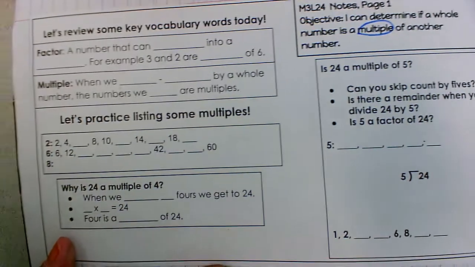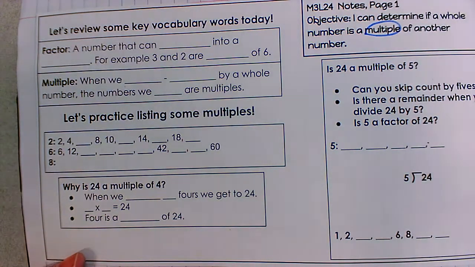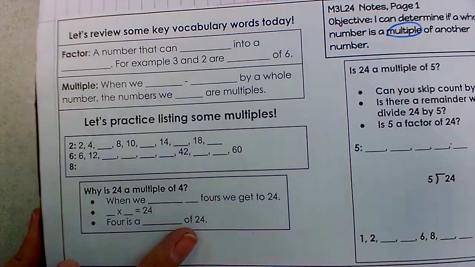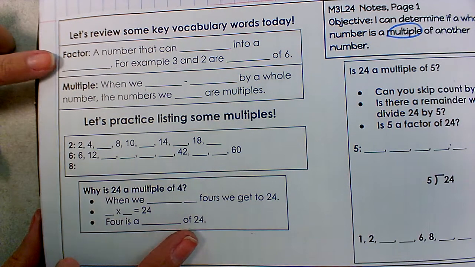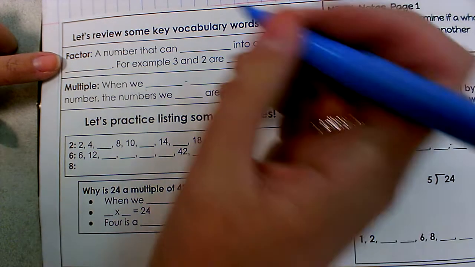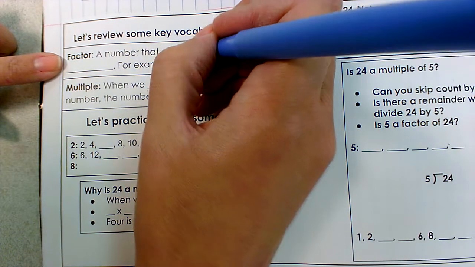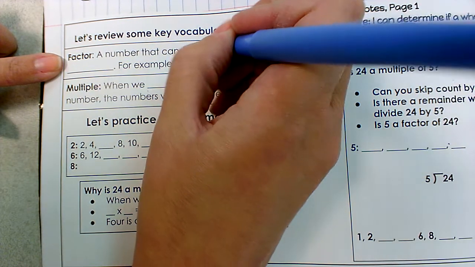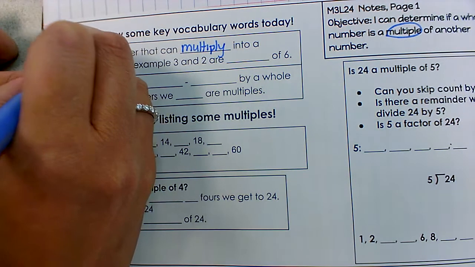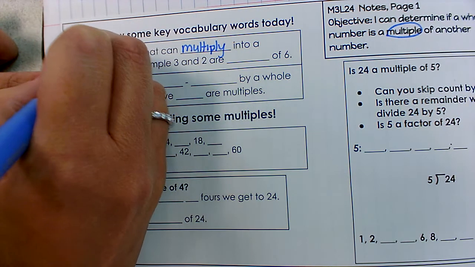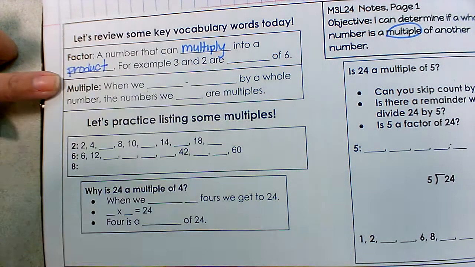Now, we have some key vocabulary words we want to look at so that we understand the difference between our factors and multiples. So remember, we've talked a lot about factors. It is a number that can multiply into a product. So remember, we worked on our factor rainbows.